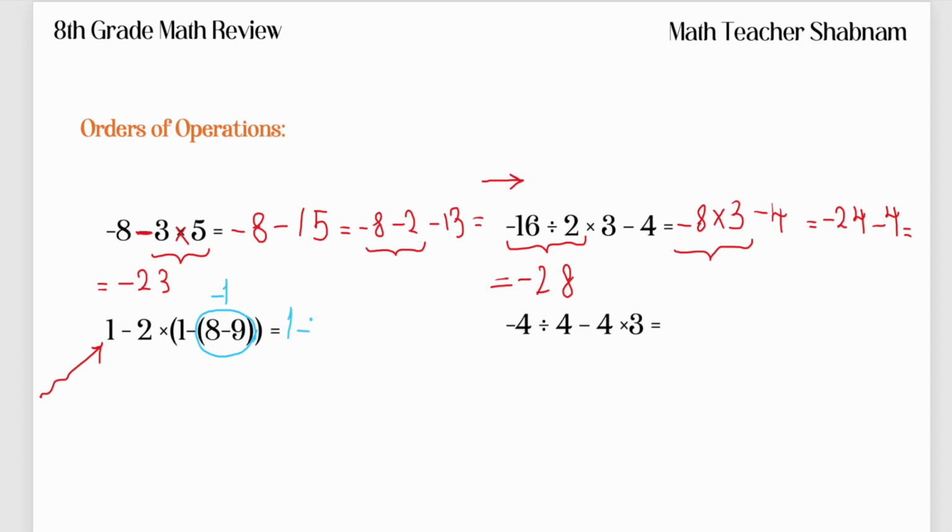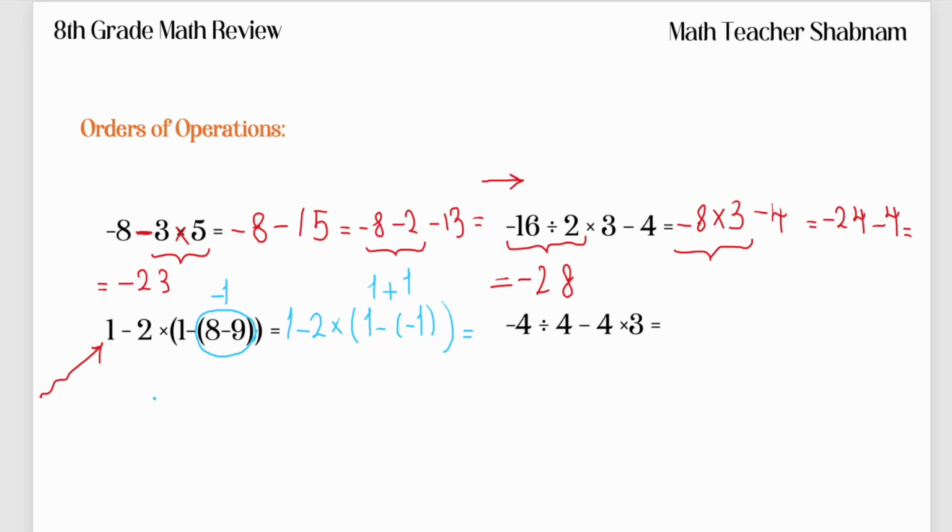We have 1 minus 2 multiplied by 1 minus -1. 1 minus -1 is basically 1 plus 1.